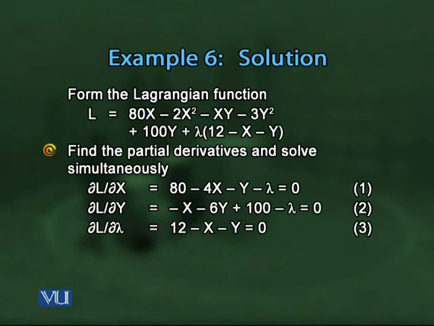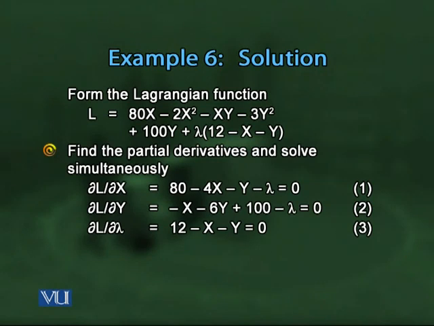We will differentiate the Lagrangian function with respect to x, with respect to y, and then with respect to lambda, and set all these partial derivatives equal to 0. Once we set them equal to 0, we can solve these three equations in three variables simultaneously, and get the values of x, y, and lambda that will maximize the profit of the function.